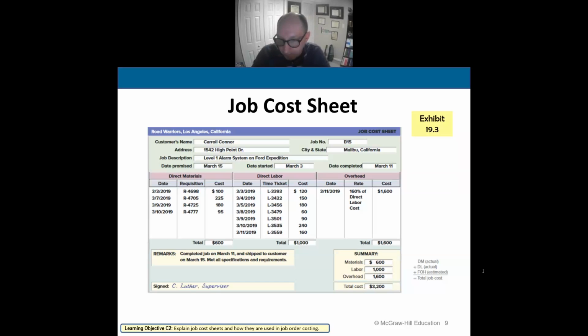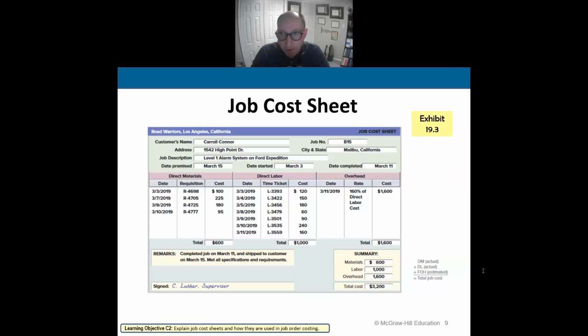IKEA, you asked a great question. If the overhead is underapplied, it means that the individual was charged too much, which also means the cost of goods sold are too high. Let me think about that for a second. So if the overhead is underapplied, that means I did not charge enough.